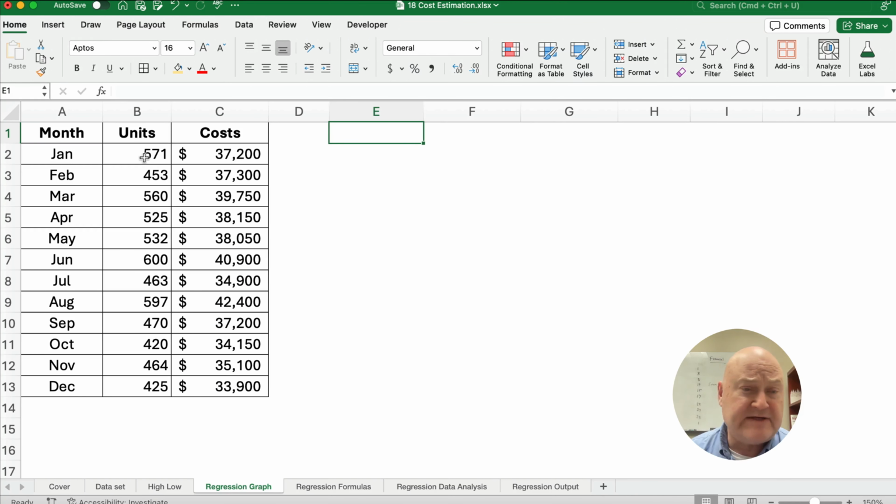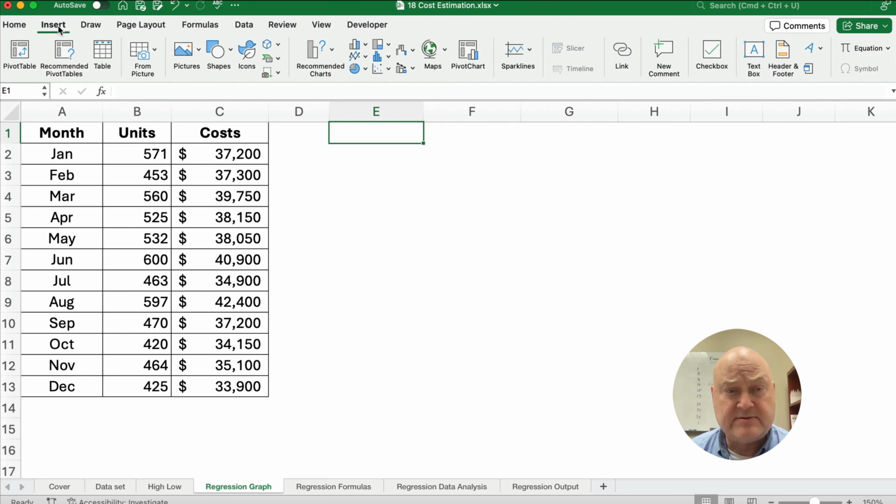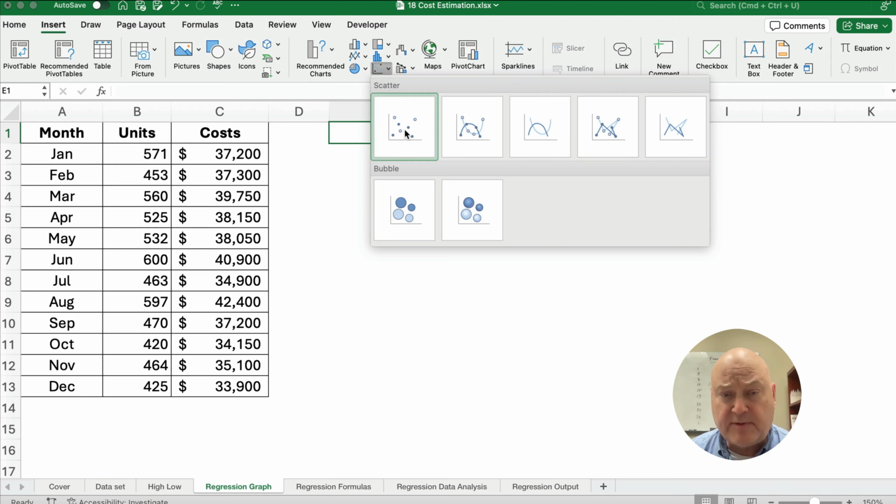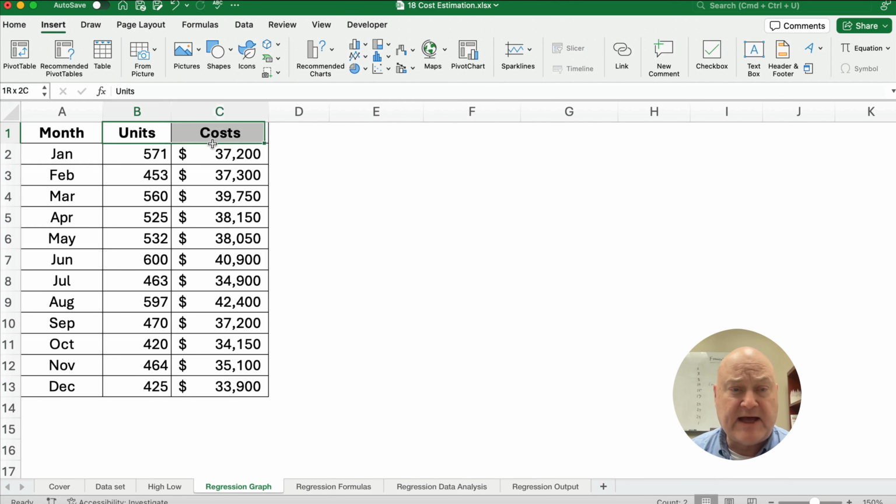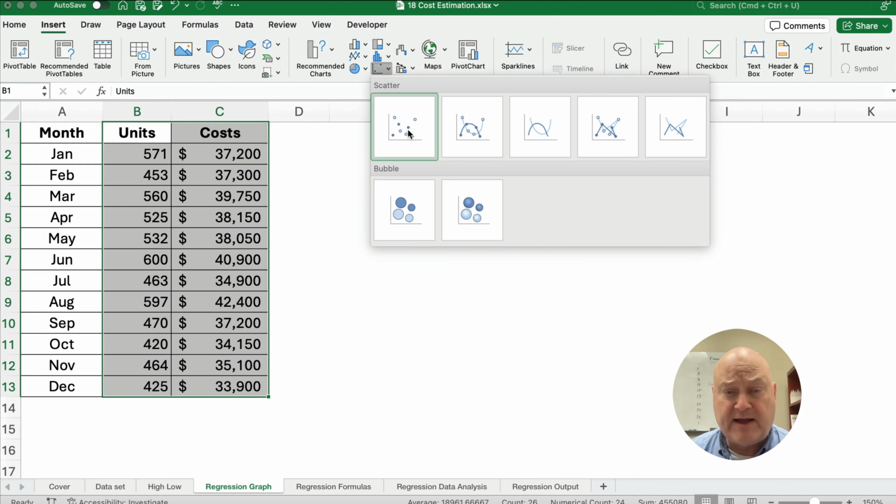All right, so here I have my same data. And so I'm going to go to the Insert ribbon, and I'm going to go to the scatter plot. So what I want to do first is highlight all the total cost and all the total units. Then I'm going to do the scatter plot.